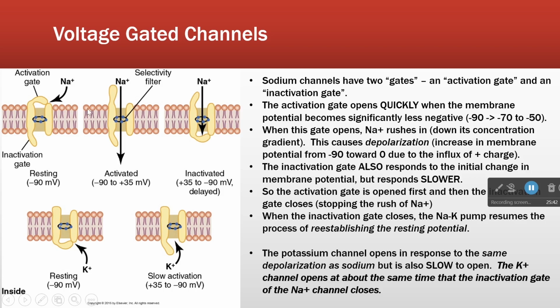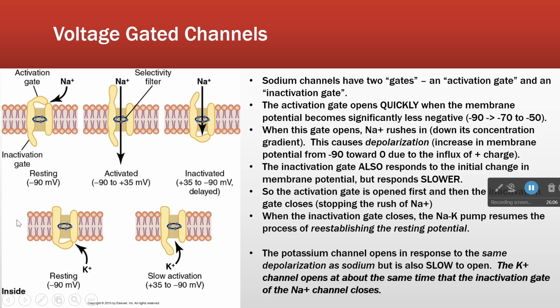So these different states are associated with membrane potential. At minus 90, we are resting. Between minus 90 and plus 35, we're in our activated state. Between plus 35 and minus 90, so in other words, back on the repolarization side, we're in our inactivation state.